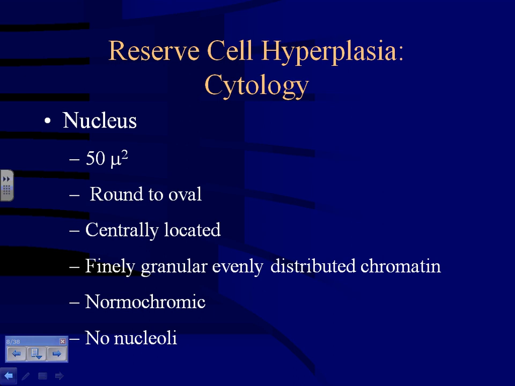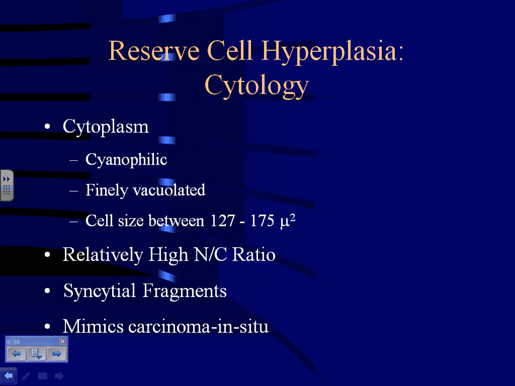But these cells have a high NC ratio. They have scant cytoplasm, which tends to stain cyanophilic and looks finely vacuolated, and the cell size is between 127 to 175 square micron area. So it usually has a very high NC ratio.